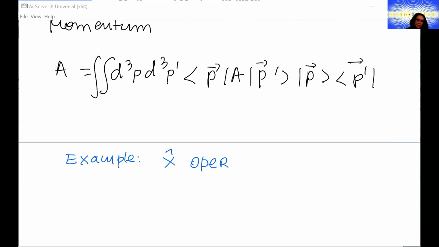I'm putting a hat here because I want to distinguish from the coordinate X. So I want to know how I can write this in the r representation.